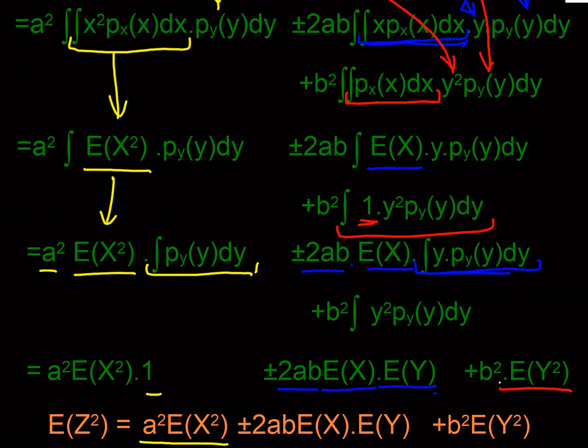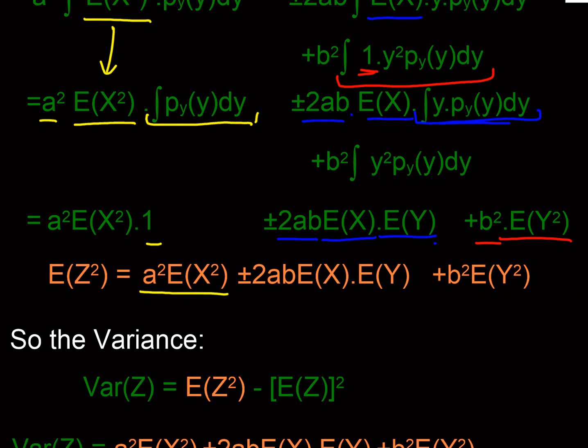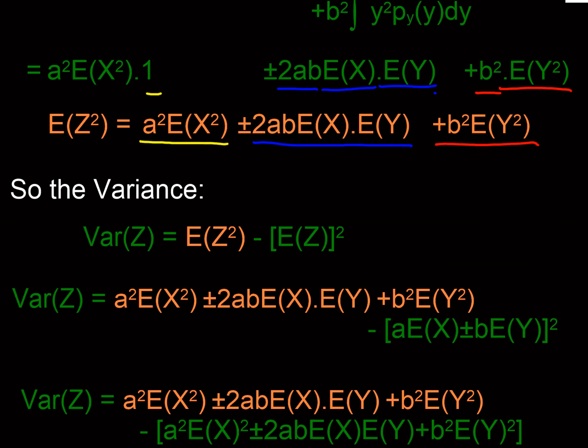And of course that's multiplied by b squared on the outside and the front. That's our third integral, then simplifies to b squared times the expectation of y squared. So here we have our three terms that we've just worked through for our expected value of z squared.